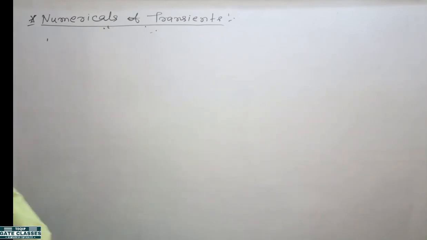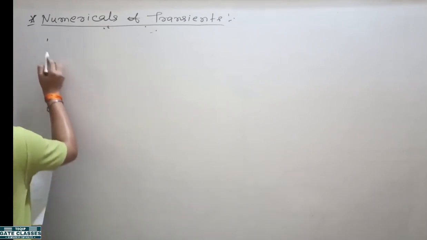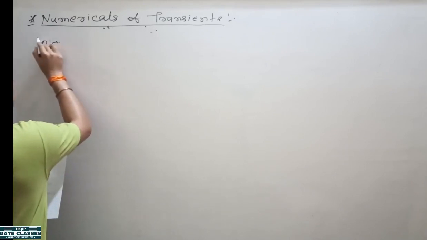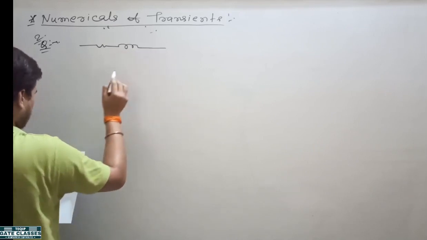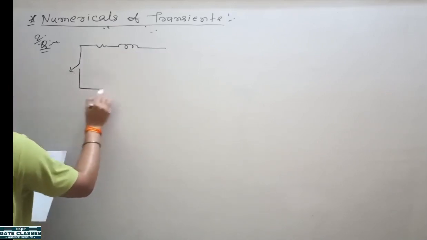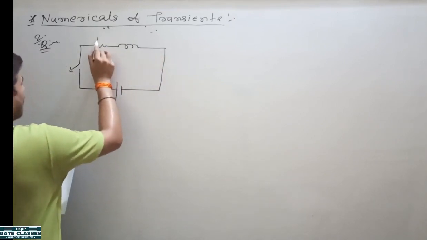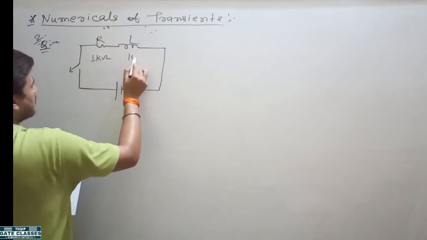Let us discuss another question. This is the second question. Here it is given R is 1 kilo ohm, and here inductor is 10 millihenry.